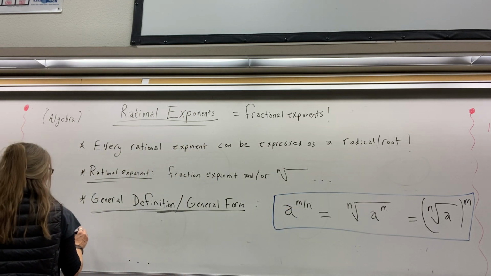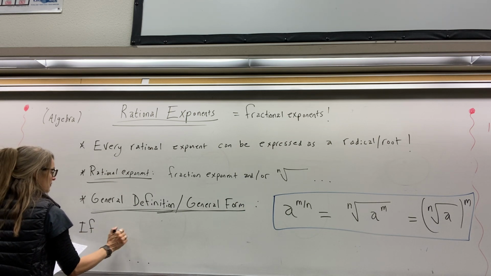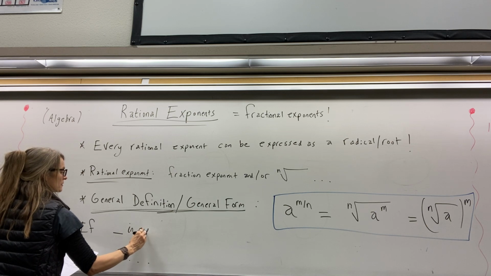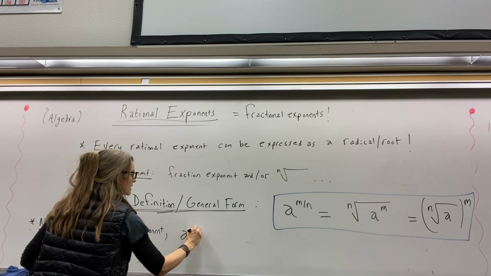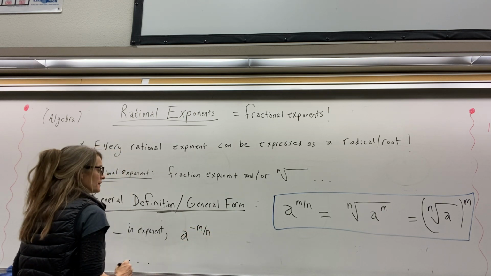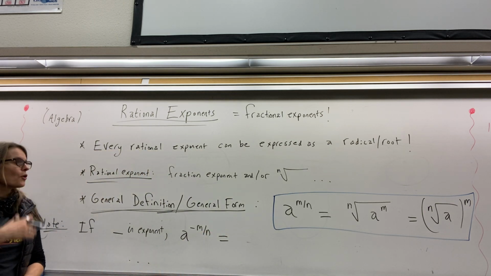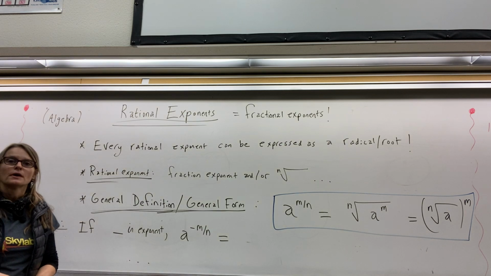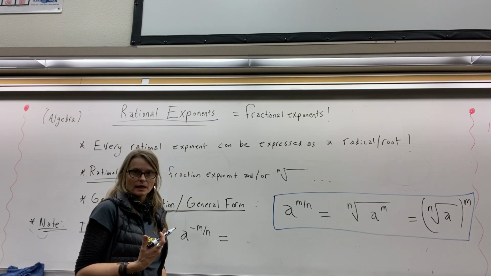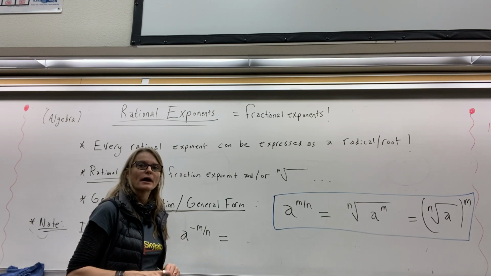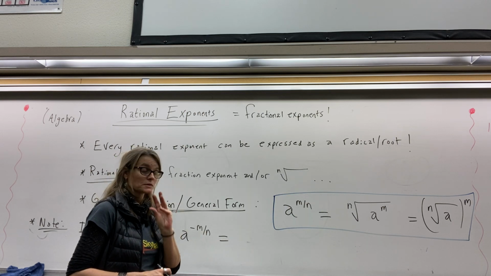If you have a negative in the exponent, such as a to the negative m over n, then this is equivalent to saying 1 over a to the m over n power. So remember your rules as far as negative exponents go.